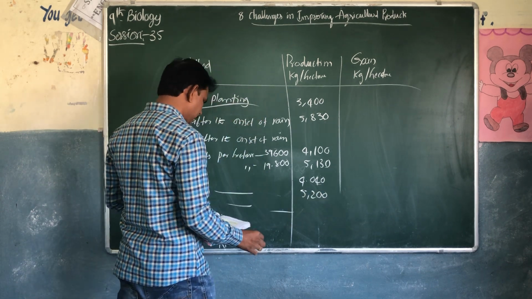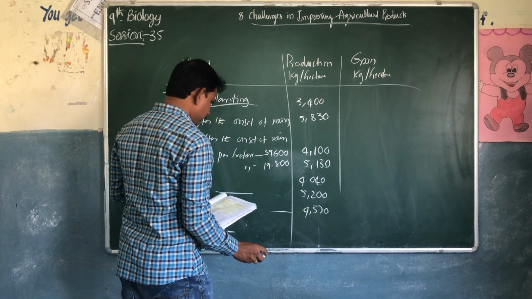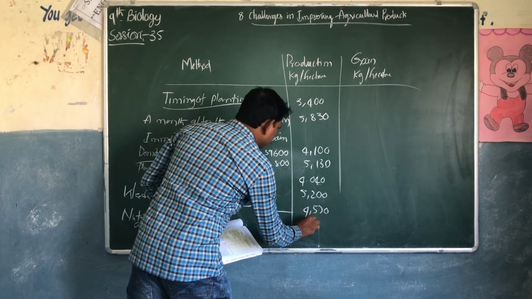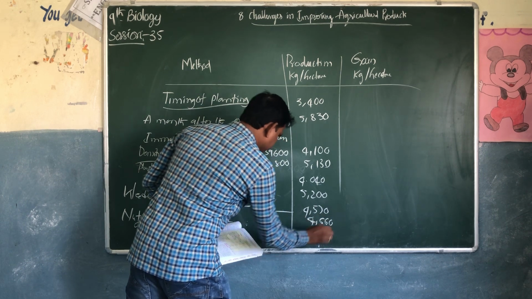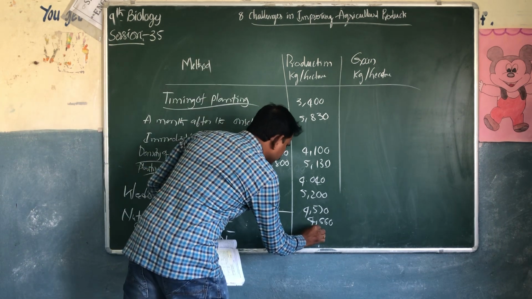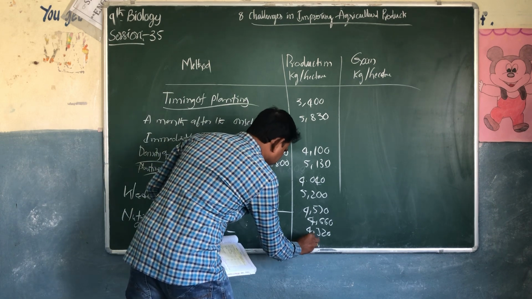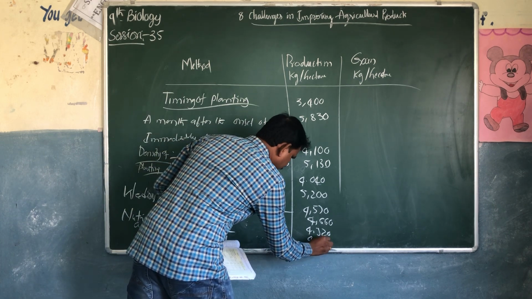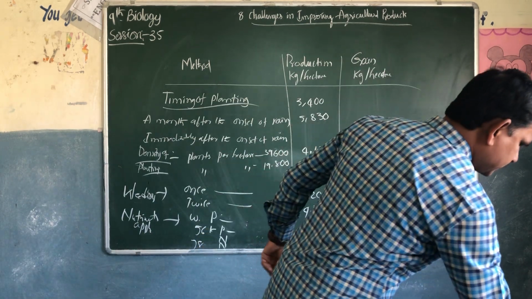Without phosphorus 4,570, with phosphorus 4,660. Without nitrogen 4,320, with nitrogen 4,900. This is the table we have to discuss.